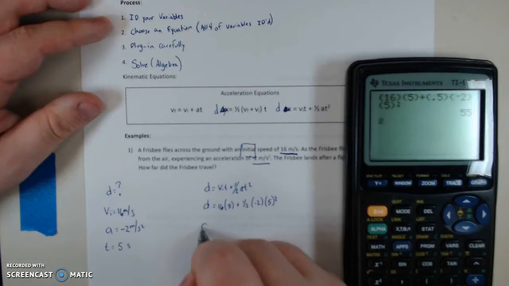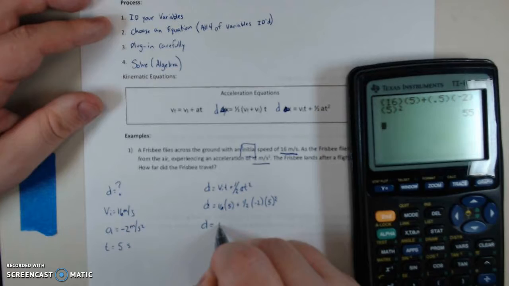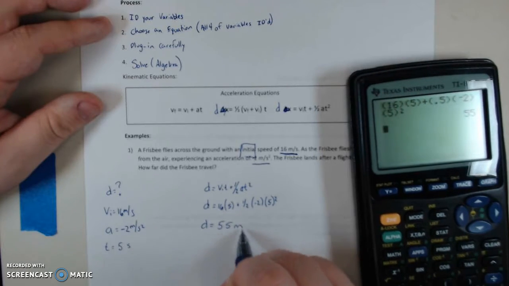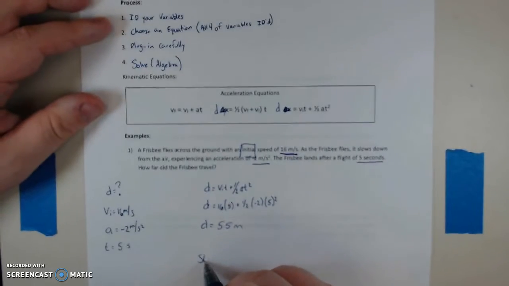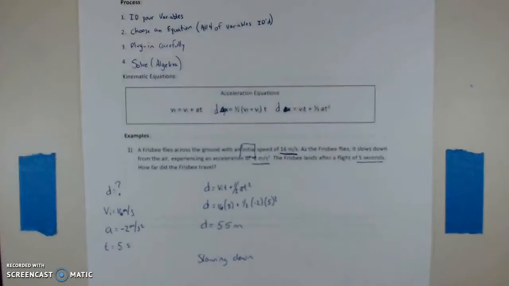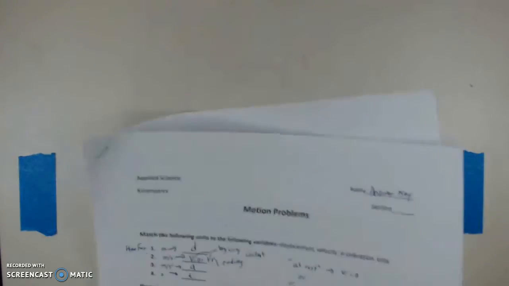So in this case, D is equal to 55 meters. Okay, notice once again that the acceleration here was negative. This is negative because the object is slowing down, and that's actually pretty important. All right, let's look at another sample problem.